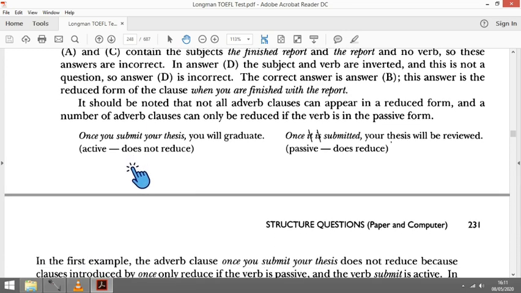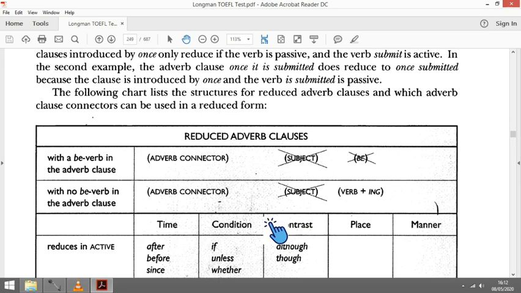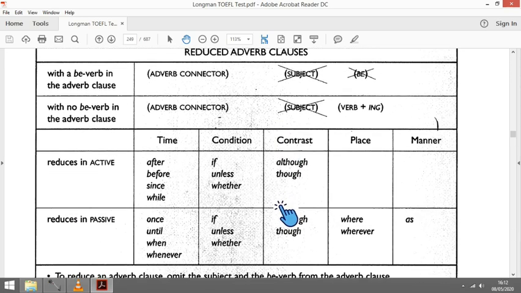This is active, so we can't reduce it. Not all of them can be reduced in the active, but in the passive we can reduce. "Once it is submitted, your thesis will be reviewed." Look at this one, the conclusion.